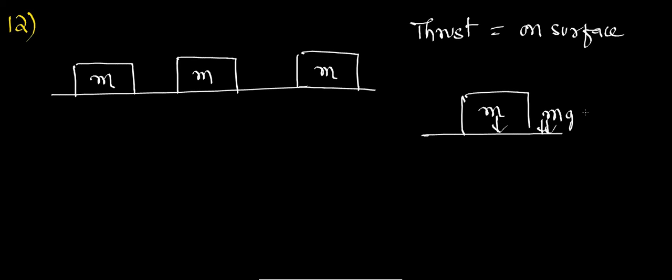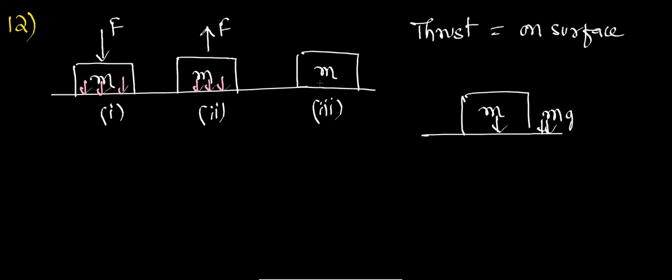Now here in the three cases, the bodies are of equal mass, so there is no point of m here. If you see the first case, additionally some F is also acting in the downward direction. Second case, F is acting in the upward direction. Third case, there is no force at all. What is the direction of thrust, beta? This is the force exerted by the body on the surface, right? Yes. This is the direction of thrust. So in this case, the thrust direction is downward.